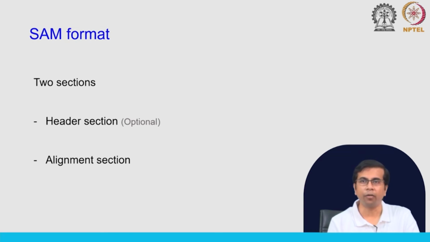By default, Bowtie2 will generate this header section in the SAM file, but you can switch it off. When we come to the alignment section and want to see the results from it, we can switch off the header section. The second part is the alignment section, which contains the actual alignment or mapping results.